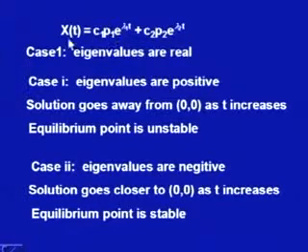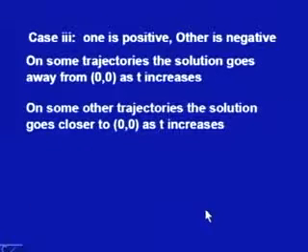That means we will be going closer and closer to the equilibrium point (0, 0), and this means that the equilibrium point is stable.